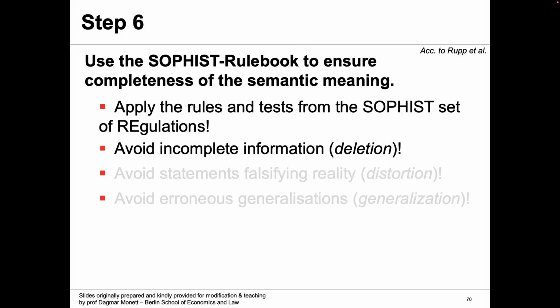It says here to apply the rules and the tests from the Sophist set of regulations. I think I can see if we can do an activity based on Sophist rules next week. But I'm not binding you to use it.